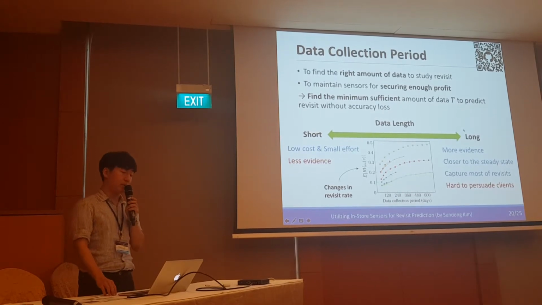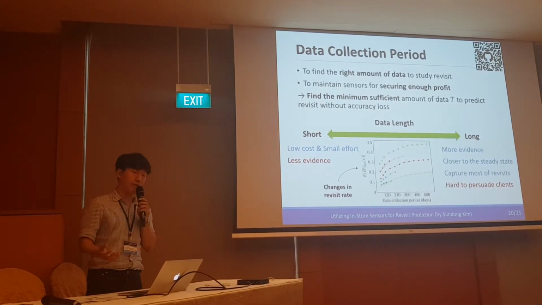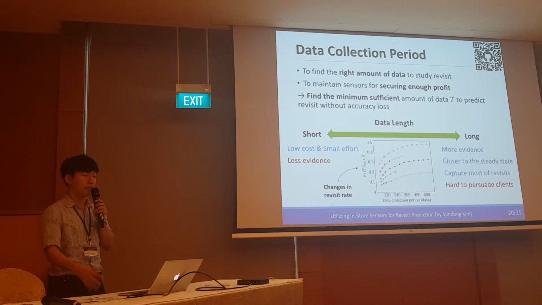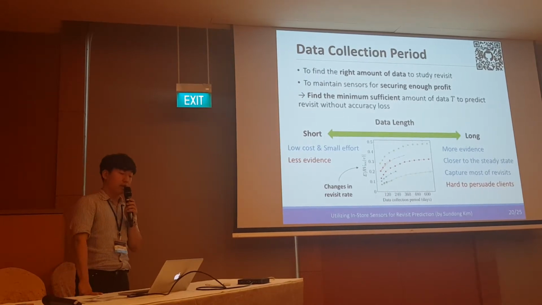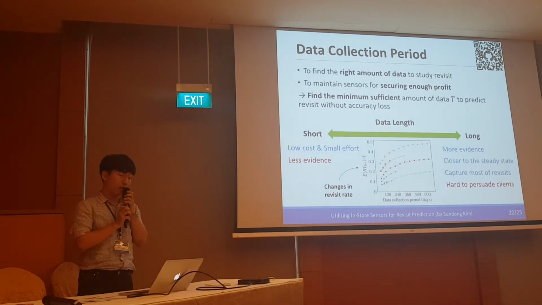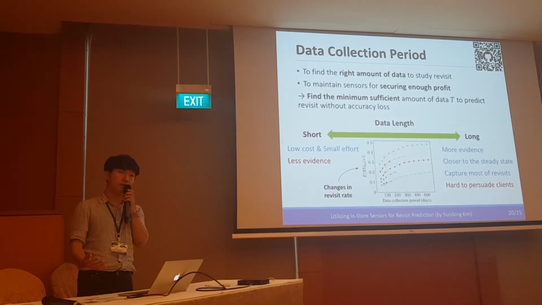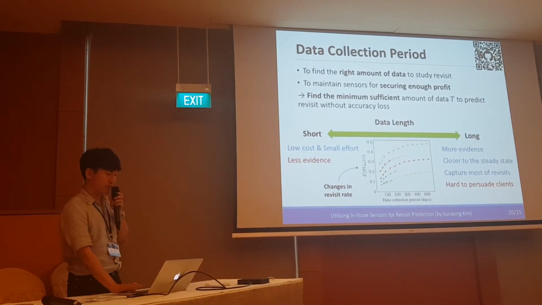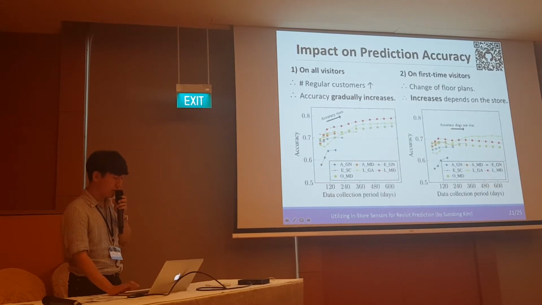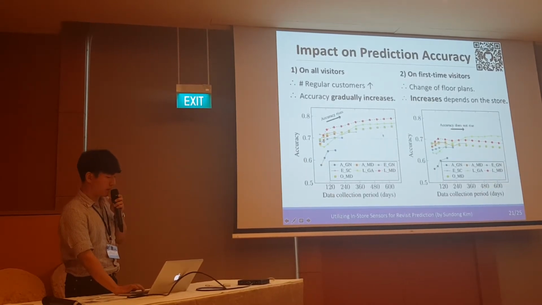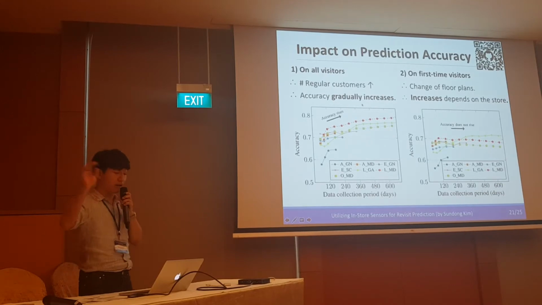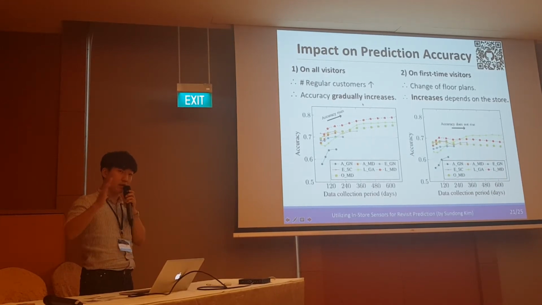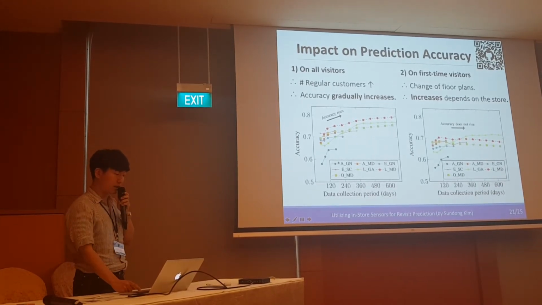In the next experiment, we changed the data collection period to find the right amount of data to study revisit. For companies, you have to maintain sensors for securing enough profit. And here's the tendency of prediction accuracy as we enlarge the data collection period.